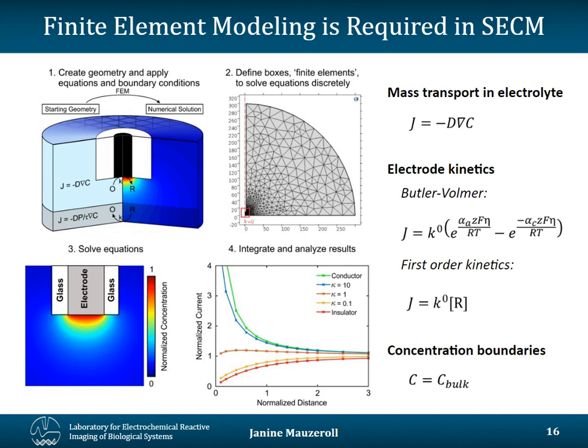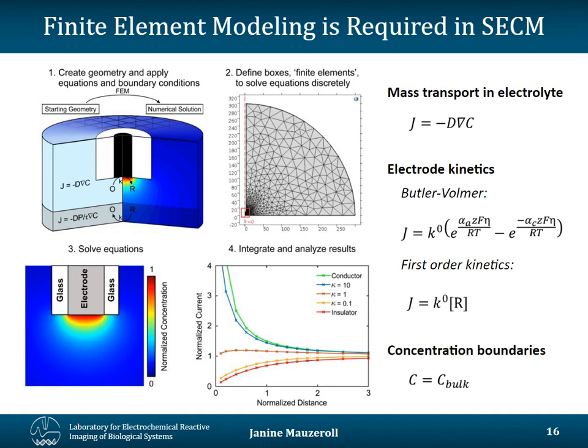Once you've identified which boundaries will have a mass transport component or will be subject to electrode kinetics, then you go in panel 2 where you will mesh that in solution environment. So you will define small boxes that can be triangular or rectangular in geometry, and you will solve the equations discretely in these elements.